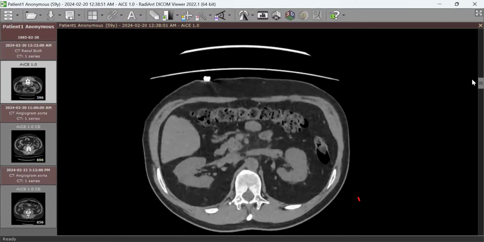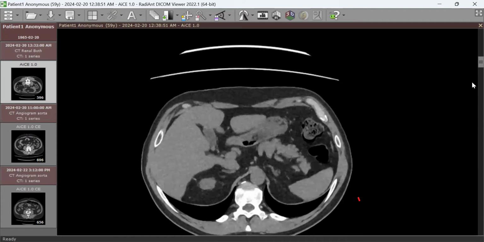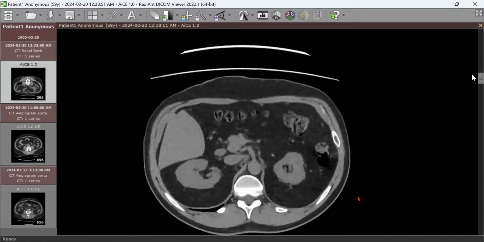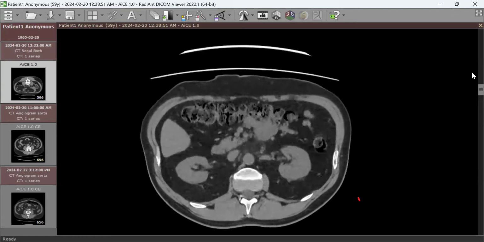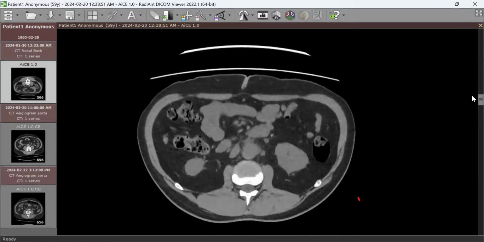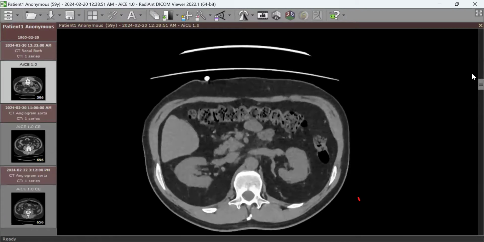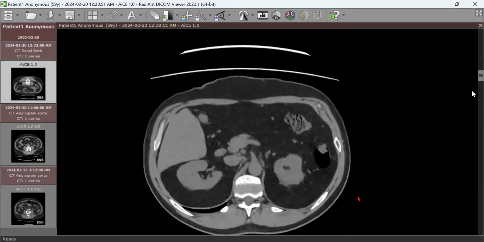Yes. Okay. Bladder. Do you see any hydronephrosis? No, there's no hydronephrosis. Look at the ureters. Follow the ureters, you can follow them from down also.